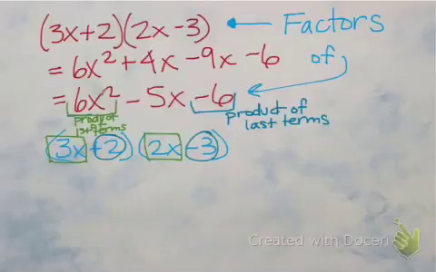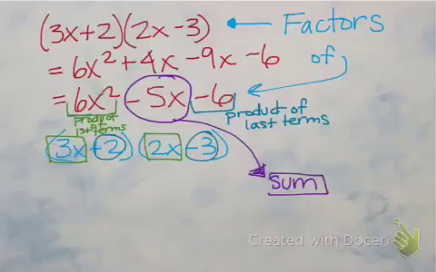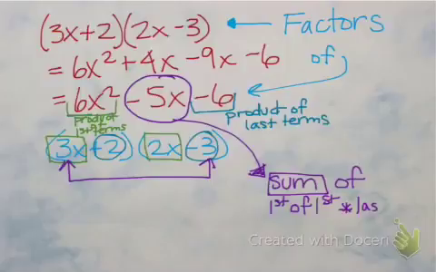Now, how do we get negative 5? In order to get negative 5, we have to take the sum of the first of the first and the last of the last. The first term of the first factor and the last term of the last factor we're going to multiply together.